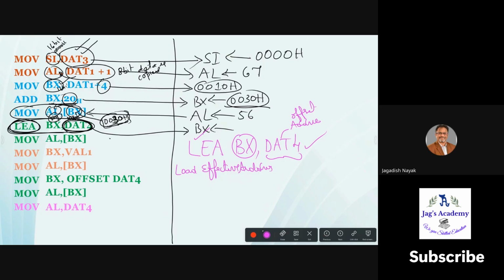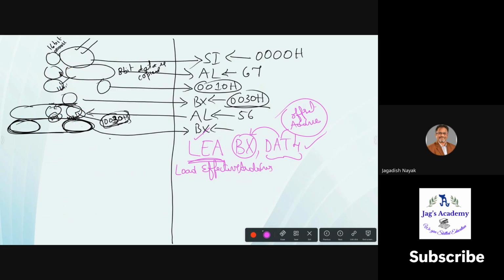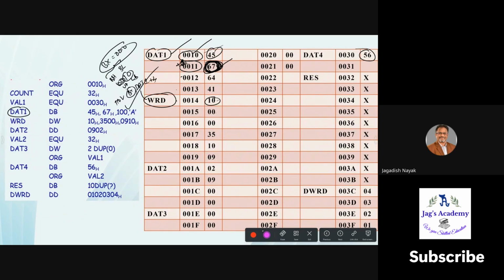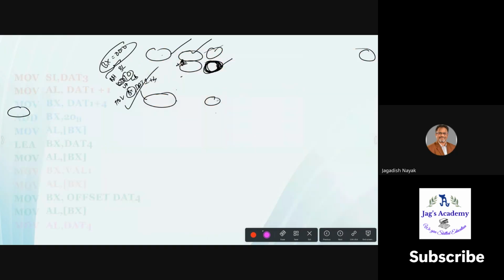Remember carefully. In this case, it is not loading the data. It is loading the offset address. Now, tell me, from the previous list, what is the offset address of DAT4? Where is DAT4?